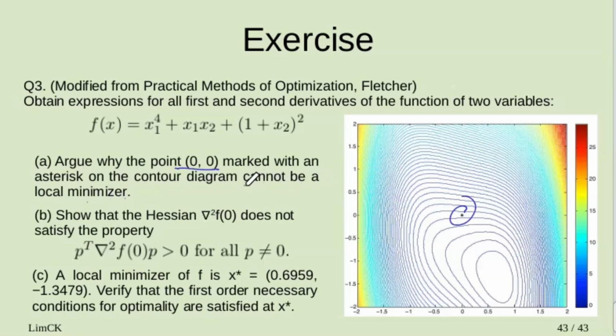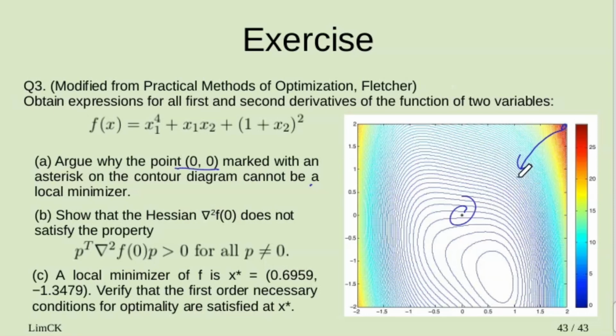A local minimizer is a point where the value of the function becomes minimal. But looking at this contour, it suggests that the value of the function is very high here. Red color, it decreases along the lines until this area.